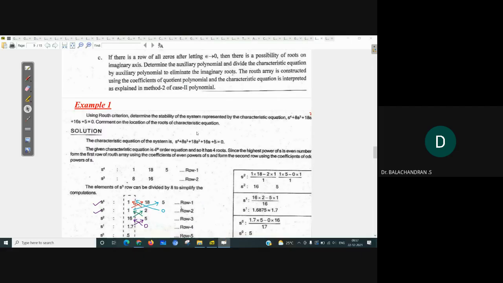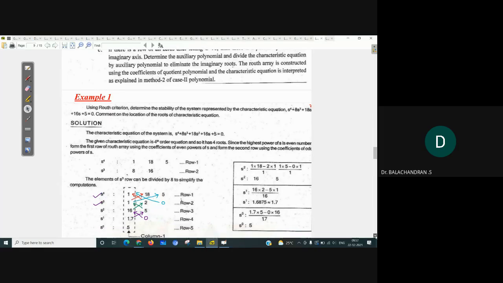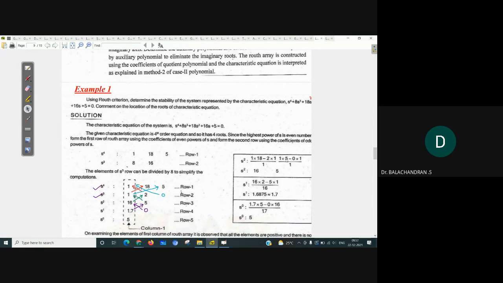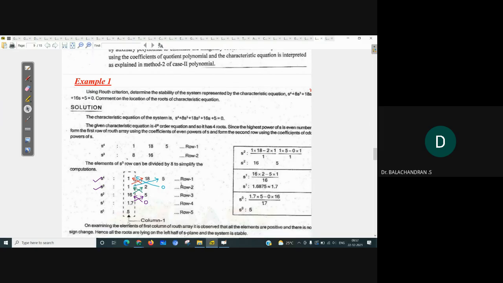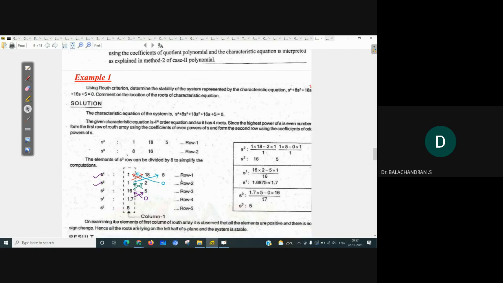That is explained here. I'll show you. The calculation is done here. I think we got 1, 1, 16, 1.75. This is column 1. On examining the elements of the first column of the Routh array, it is observed that all the elements are positive and there is no sign change.